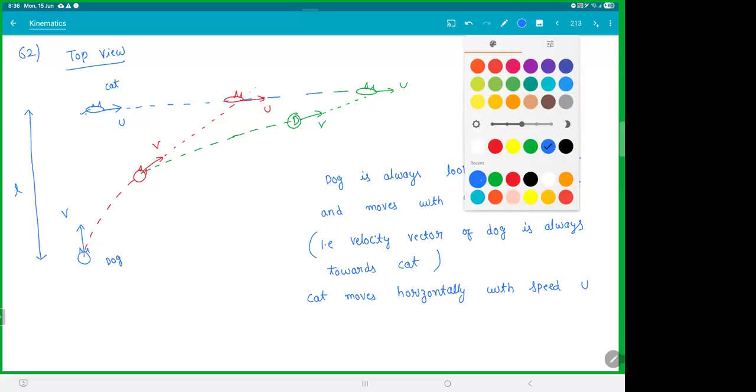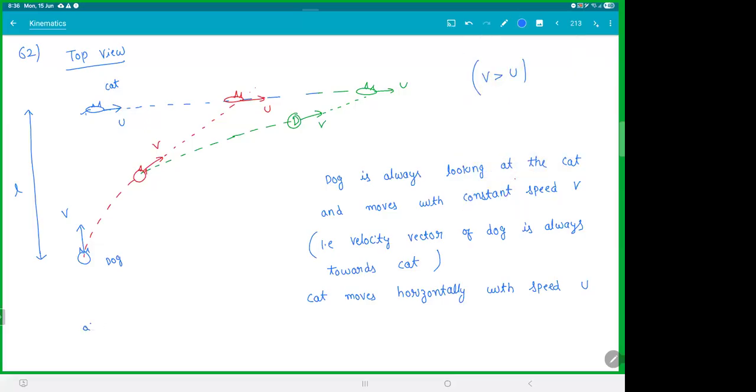So the first question. This is the standard question. Find the time when the dog catches the cat. Suppose v is equal to u, meaning the cat's speed and the dog's speed are the same.